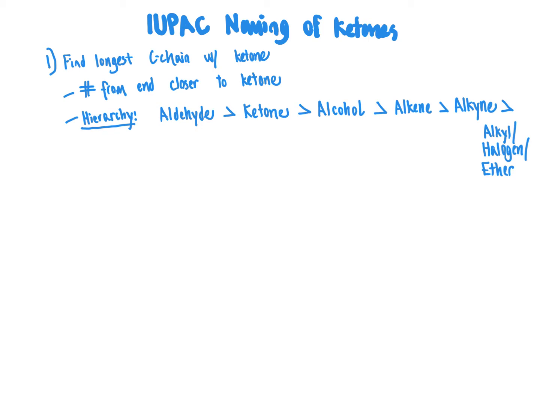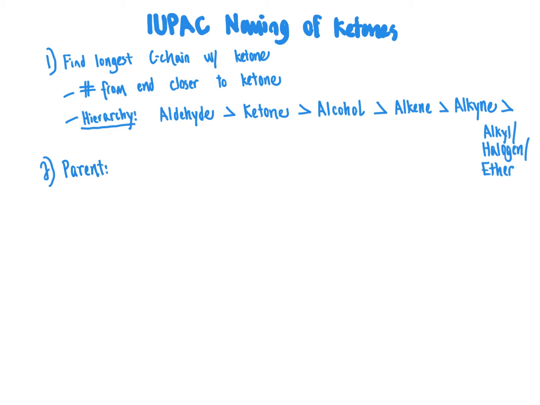With regard to ketones, if we determine that the ketone is the highest ranking of the hierarchy, which very commonly it will be because you'll notice it's second from the top of the functional groups that we've learned so far, then once you've found the longest carbon chain that contains the ketone, you're going to name that as the parent name. To name the parent of a ketone, you will take the corresponding alkane name, such as propane, delete the E from the end, and change it to ONE for ketone.